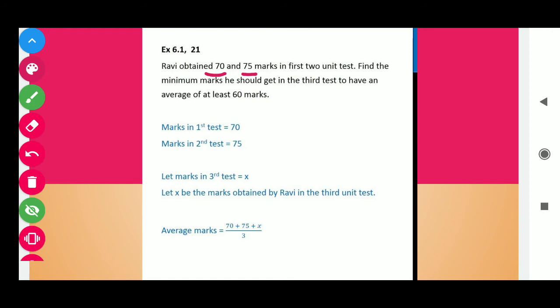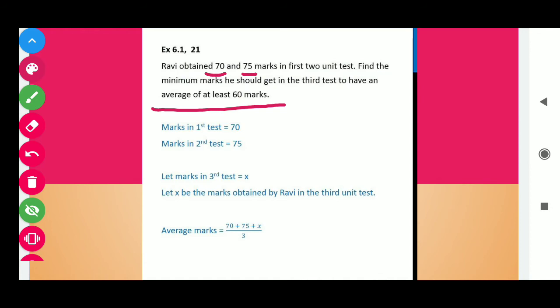But students, you want to get an average of at least 60 marks. So for that, you will plan to get at least 60% marks. So what should you get in the third term exam to get an average of at least 60 marks? Students, this is a very common question.